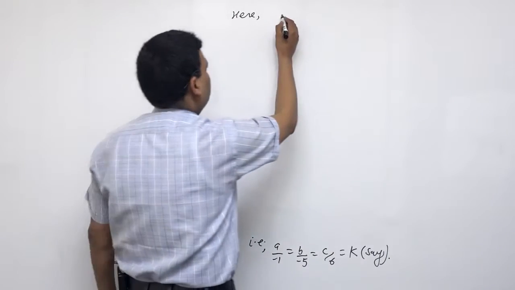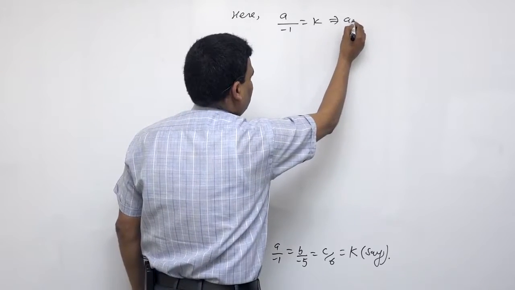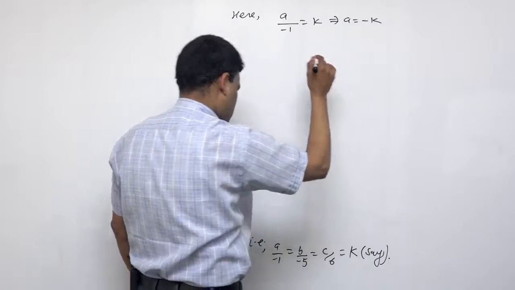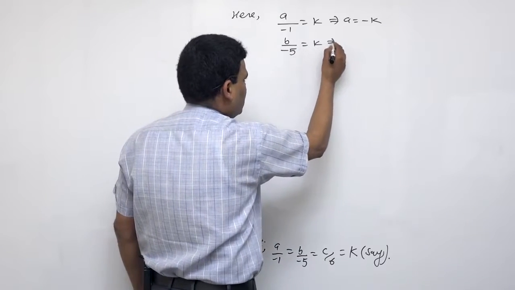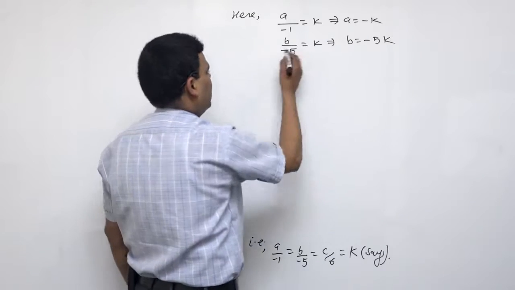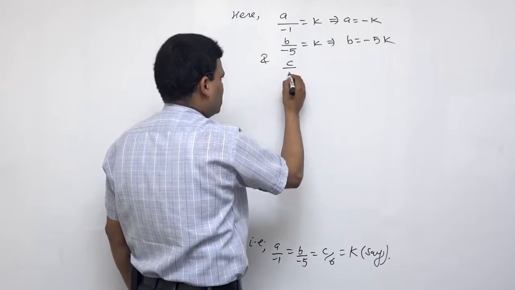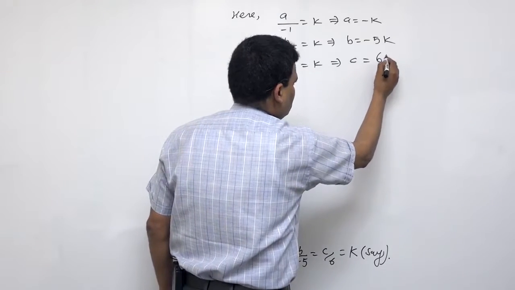Here a upon minus 1 equals to k implies a equals to minus k, b upon minus 5 equals to k implies b equals to minus 5k, and c upon 6 equals to k implies c equals to 6k.